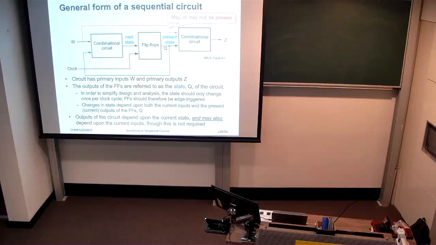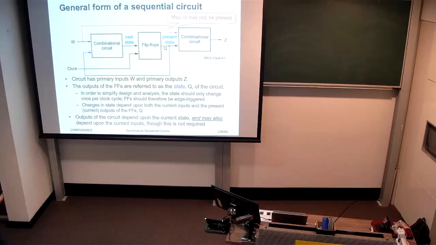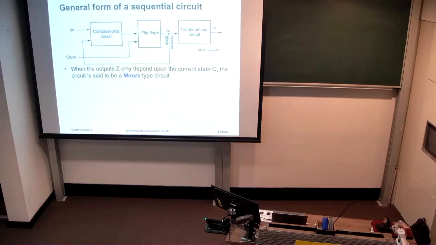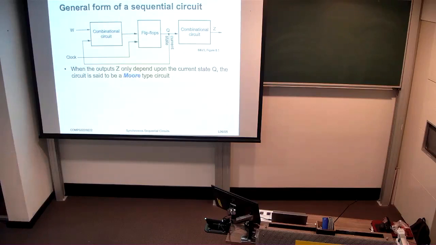We may also have a feed-forward network, if you like, between the inputs that makes the outputs dependent upon not just the current state, but also the current inputs. But that may or may not be present. It's not required that it be present. Okay? In fact, those circuits where this feed-forward path between the inputs and the output circuitry is not present, where the output is only a function of the present state, they're known as Moore-type sequential circuits.